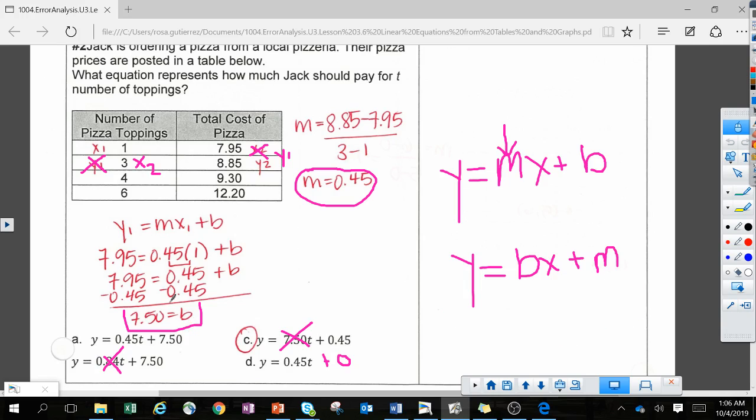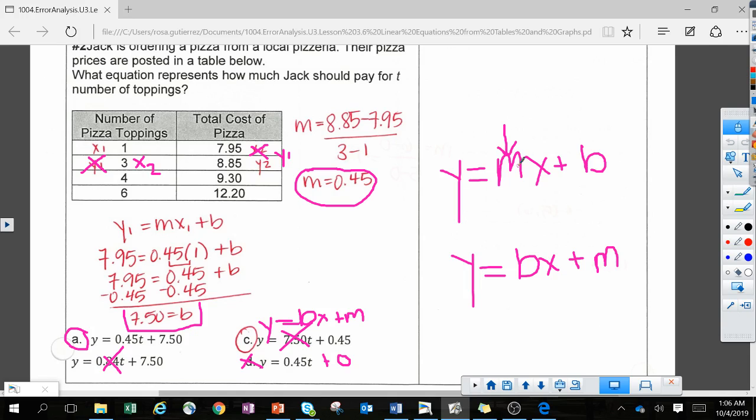So anyways, as soon as you found that the y-intercept is 750, I can cross off D, because the y-intercept is not 0, and the correct answer here should have been A. So what I would write down here for C is that this looks like y equals bx plus m, which we know should be instead y equals mx plus b.